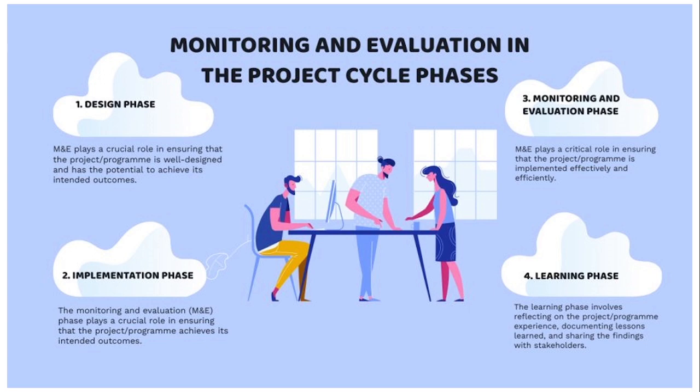It's very crucial as you're working with other team members of the project. Develop the work plan that outlines the activities, the timelines, and responsible persons needed to achieve the project or program goals or objectives. Also, it's very crucial to note that in designing the work plan, you should also include the indicators for monitoring and evaluation, because this will be used to measure the progress towards the goals and objectives.